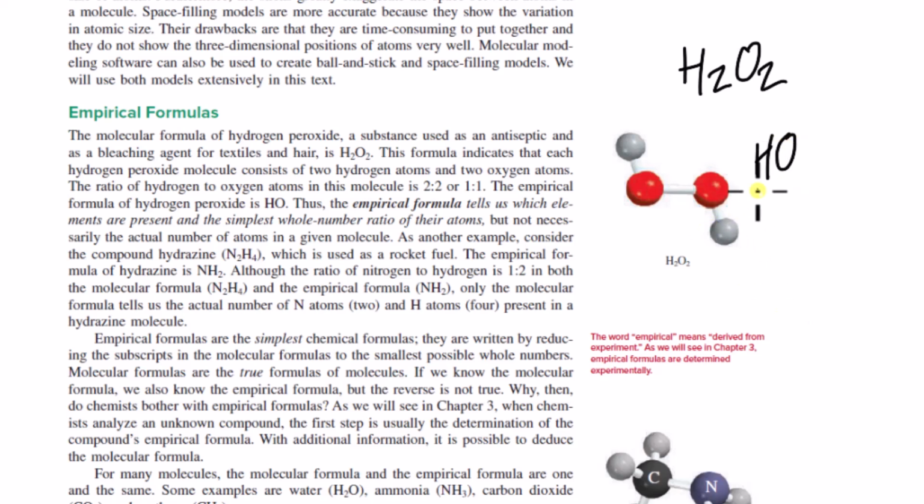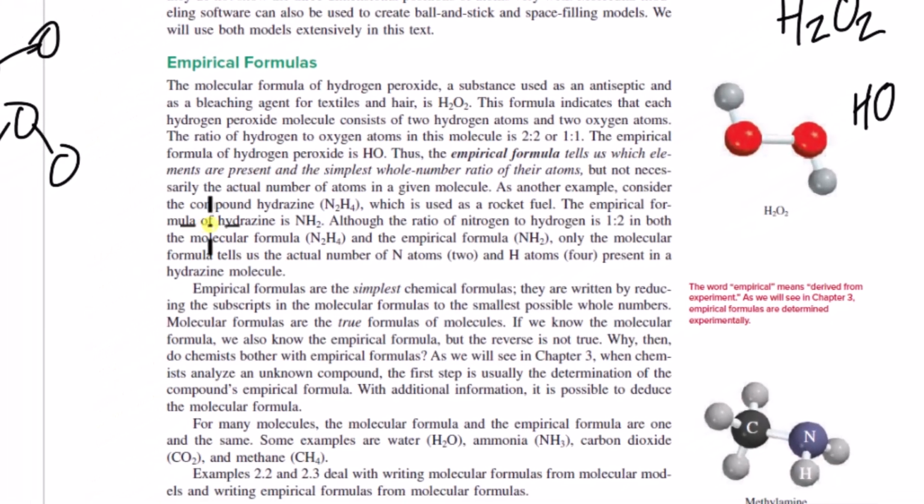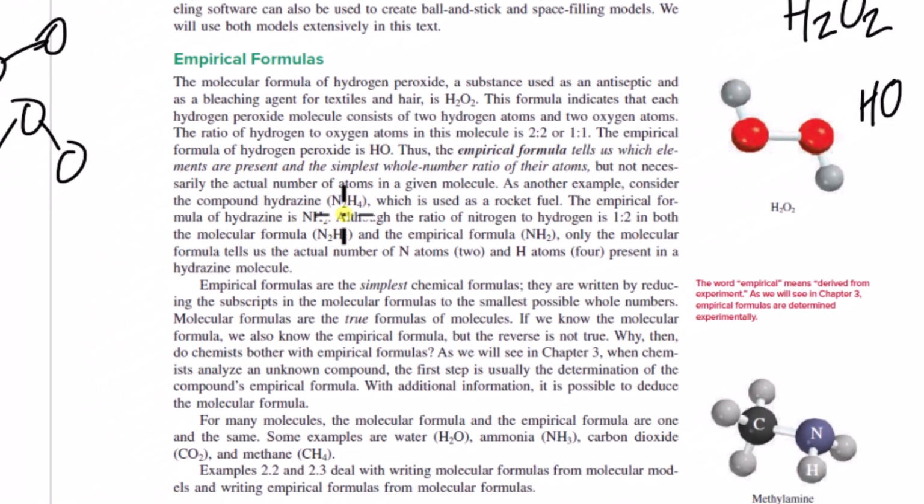It's saying there's hydrogen and oxygen in here, and for every 1 hydrogen there's 1 oxygen, and that's all the information it gives you. Whereas the molecular formula goes a step further and tells you each molecule has 2 hydrogens and 2 oxygens.